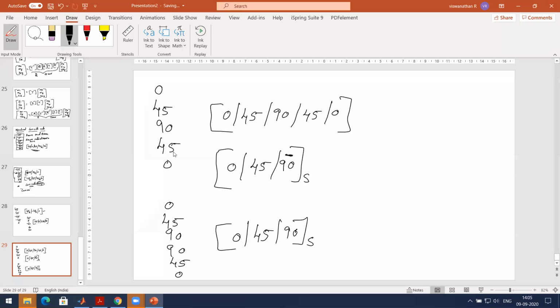This bar indicates you don't repeat the middle fiber, but here you repeat it because there is no bar. Is it clear? Any doubt in this bar? But the sequence will be different, right, sir? Yes, this will have two 90s and this will have only one 90.